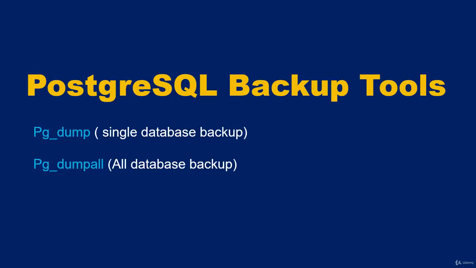You also have another tool called PG_dump all. Now this tool is used to back up the entire databases. So if you've got a cluster of databases, a cluster is a collection of databases, you can use the PG_dump all to back up all the databases you have in your cluster or system.